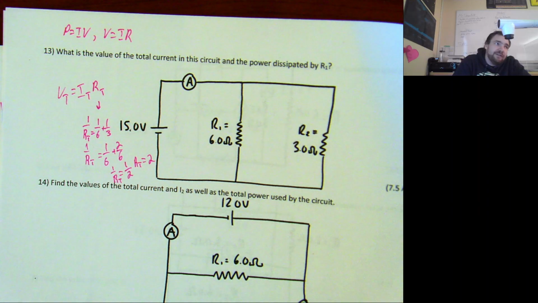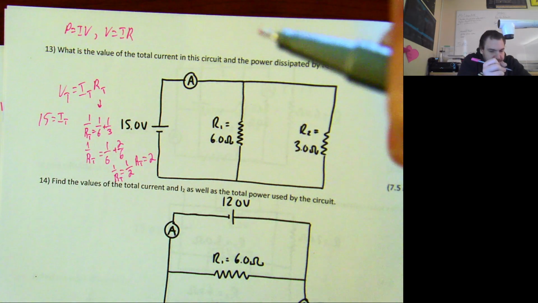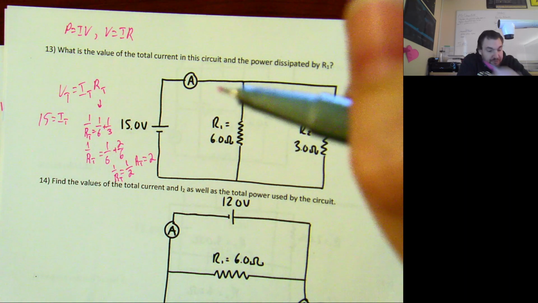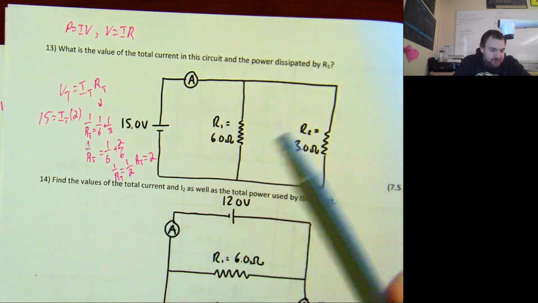We cool with what I did there? Okay. So then total voltage is the 15 volts. The total current is what we're looking for here. The total resistance from those two combined is 2 ohms.